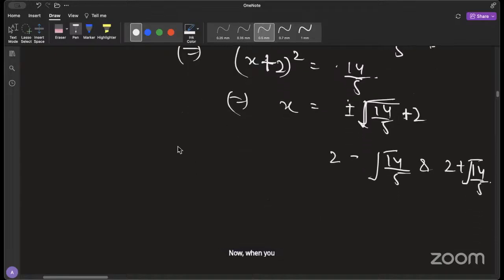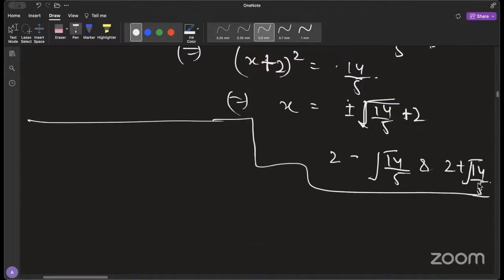Now, when you have a quadratic equation, your complex roots, not just for quadratic equations, for any polynomial, though we're not discussing polynomials right now, complex roots appear in conjugates.